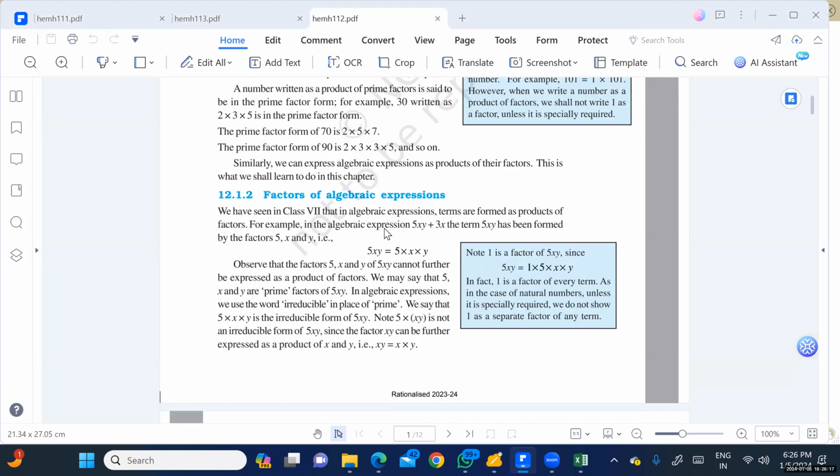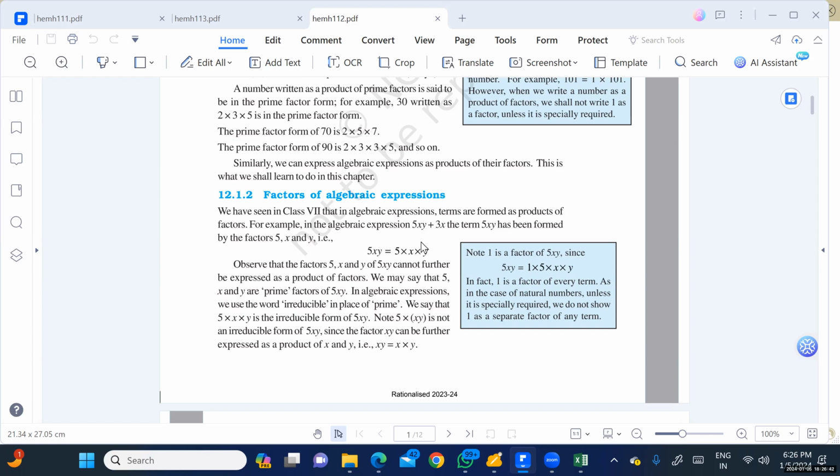So in 5xy plus 3x, the term 5xy has been formed by the factors 5, x and y. If I ask Utkarsh, what are the factors of 5xy?